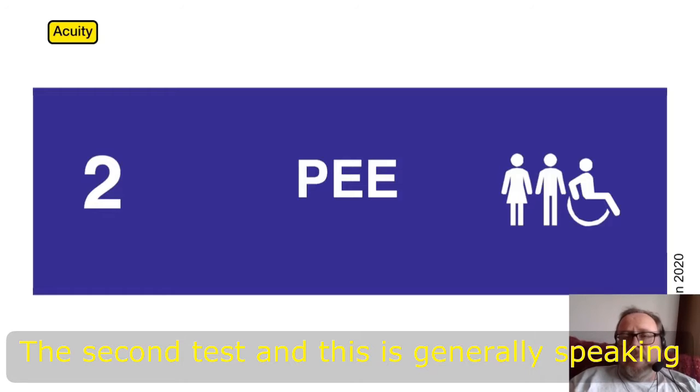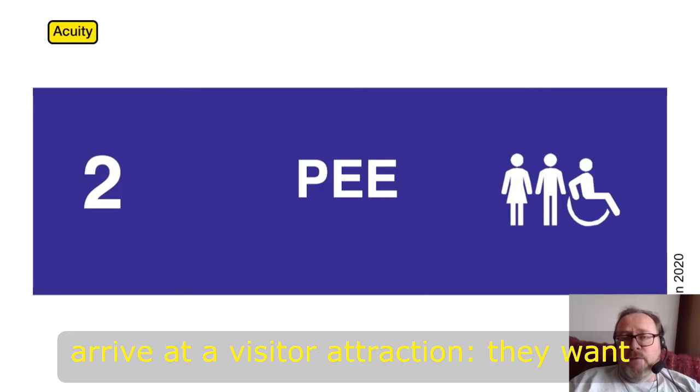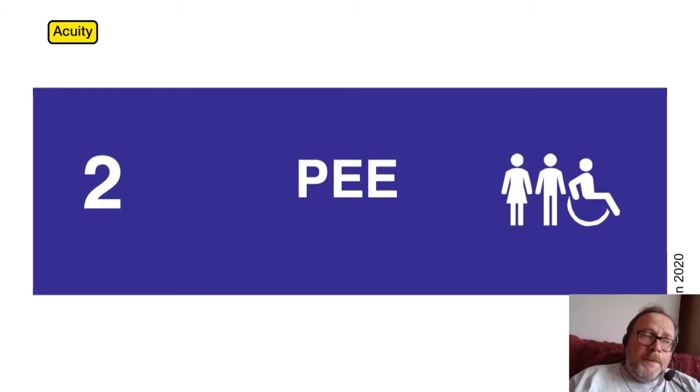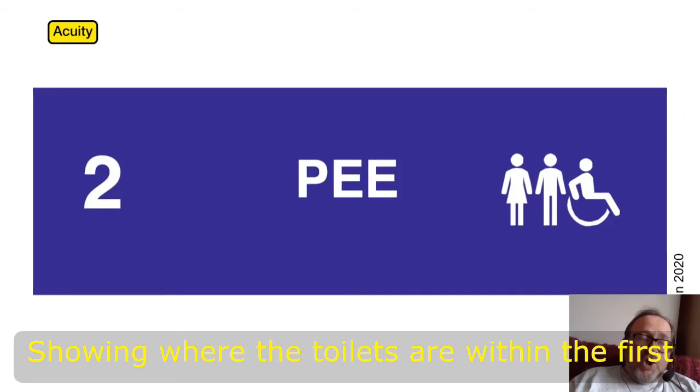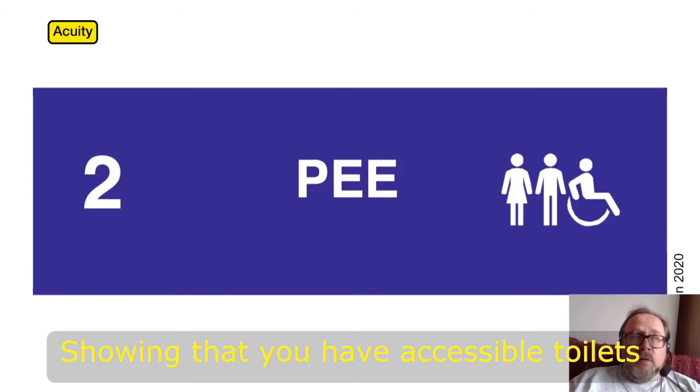The second thing, and this is generally speaking the most important thing which happens when people arrive at a visitor attraction or museum, is they want to know where the toilets are. Showing where the toilets are within the first few steps of coming into your physical building is important.